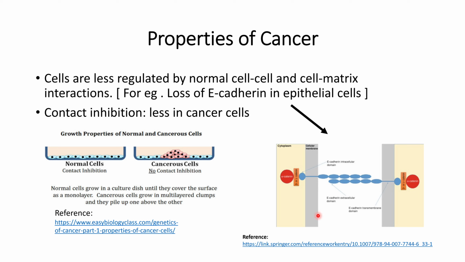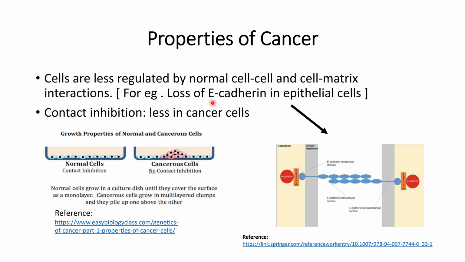One of the essential properties of the cancer cell is that it affects the proteins that are present on the plasma membrane or the cell membrane. One example is the loss of E-cadherin that is present in epithelial cells.